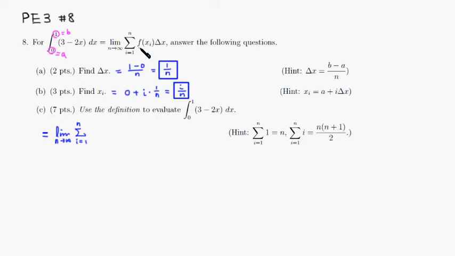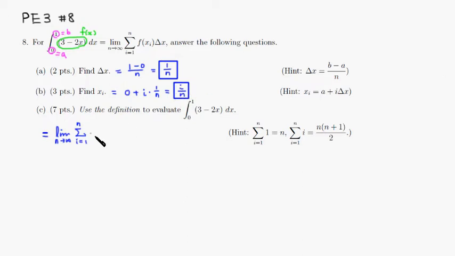Here, f of xi. f of x is sitting right here. This is f of x. So we just need to plug in xi, which is i over n.